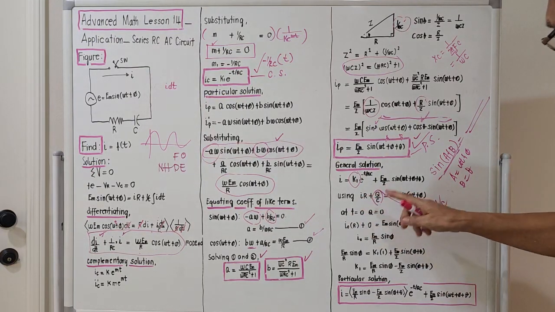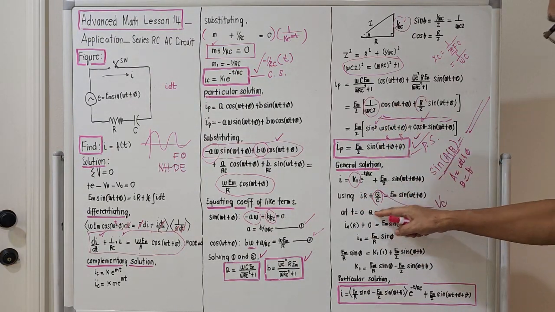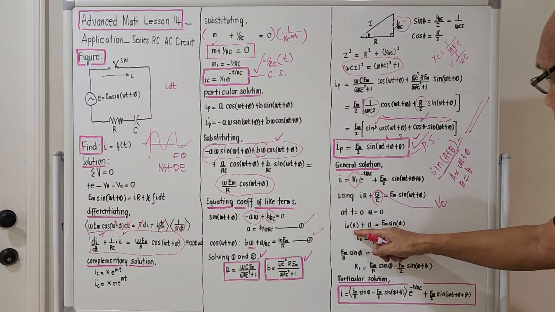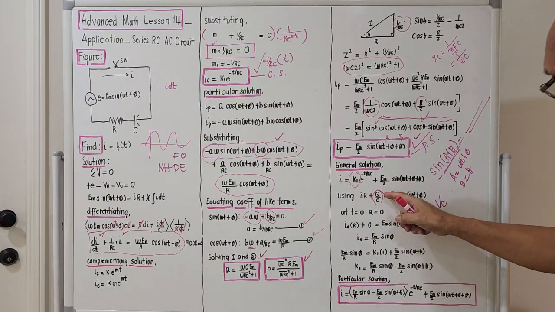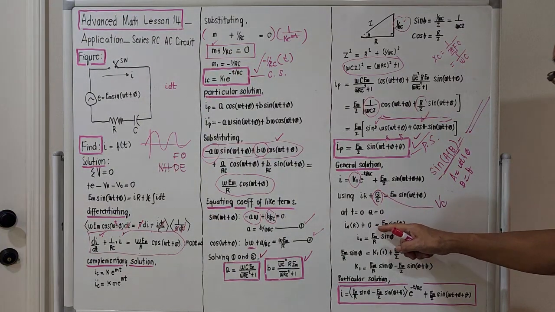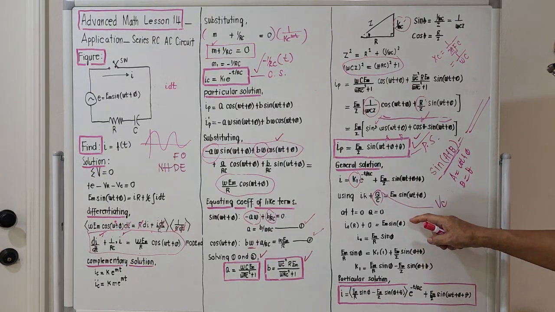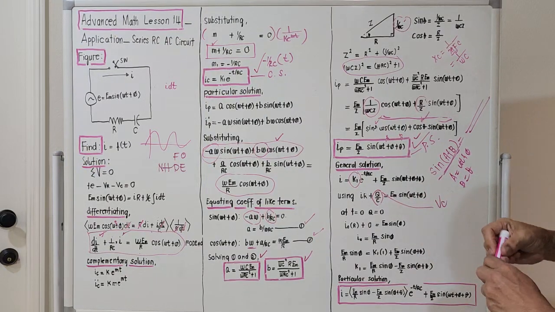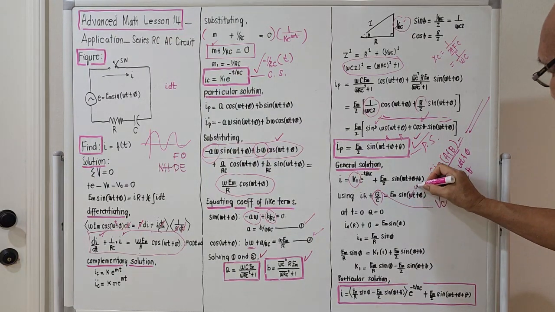At time t equal to 0, we assume that initial charge is equal to 0. Okay, so I sub 0 times R, plus, if the charge is 0, 0 over C will be 0. And this should be equal to E sub m sine of angle P. No more omega, because we set the time t to be 0, so this will become 0.